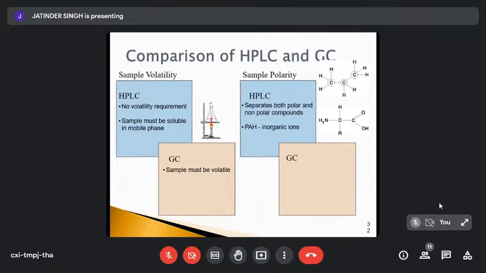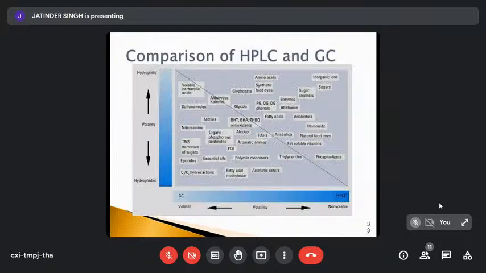In gas chromatography, the necessary condition is that the sample must be volatile, and samples can be non-polar or polar. Depending on the polarity, the hydrophilic or hydrophobic character, or volatile or non-volatile character, we can distinguish between the different analytes.